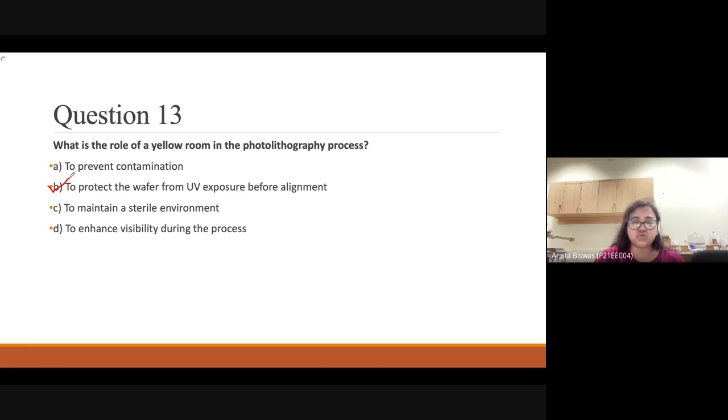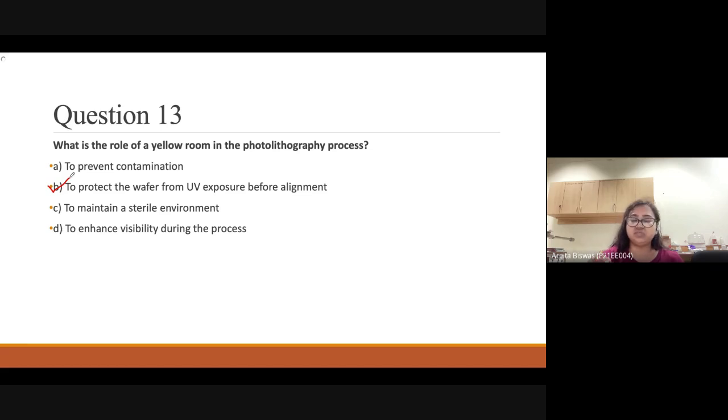So only the exposure, because the photoresist is sensitive toward the light. So when you have coated the wafer with the photoresist, and if for the visibility purpose you use UV light, then it is also not good for human health.